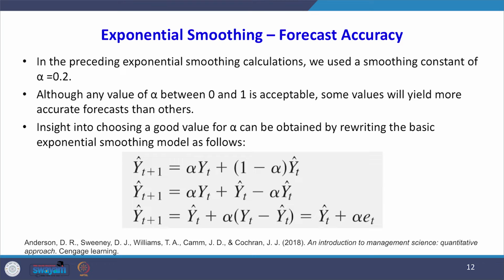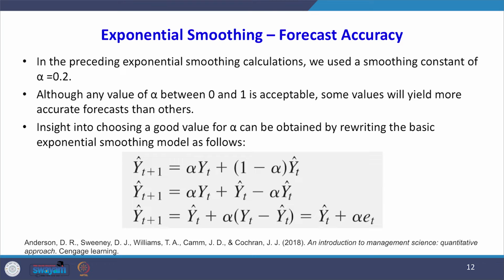Insight into choosing a good value for alpha can be obtained by rewriting the basic exponential smoothing model as follows. We know the forecasted value for yt plus 1 is equal to alpha into yt plus 1 minus alpha into yt hat. If you expand this, alpha into yt plus yt hat minus alpha into yt hat.